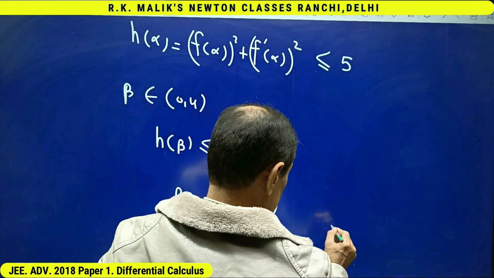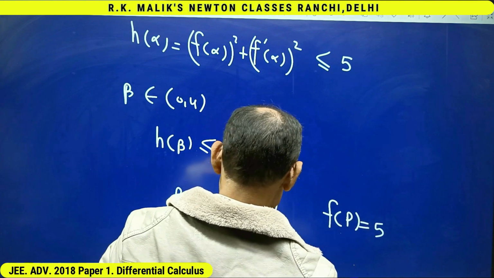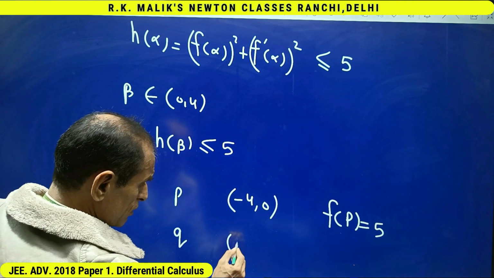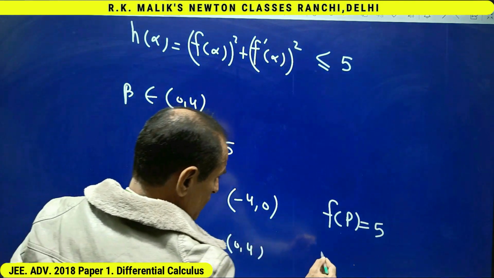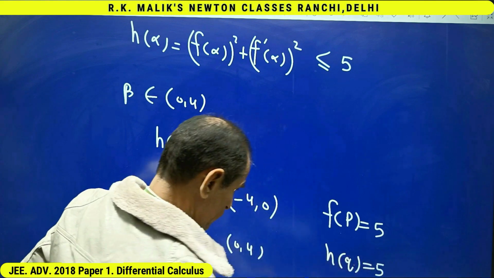the height 5, that is h(p) is 5, and Q is a number between 0 and 4 such that h(q) is 5.